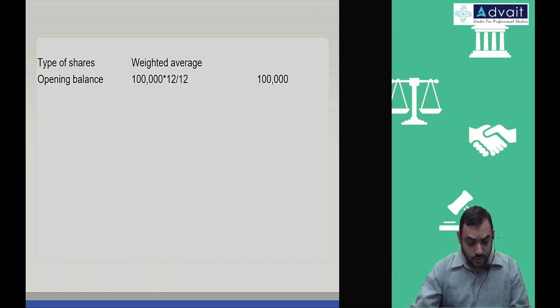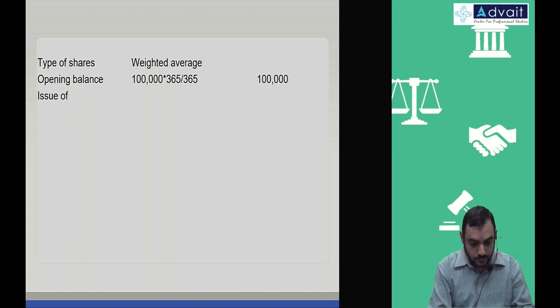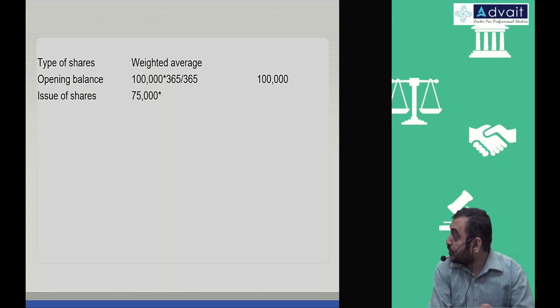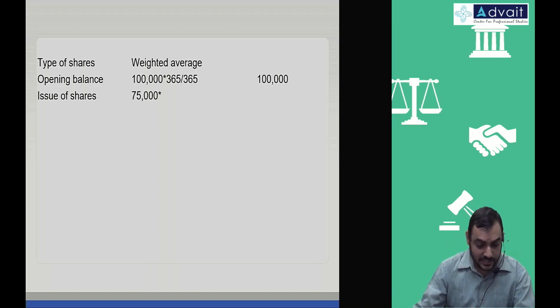Dates are also important, so let us do the number of days here. 365 by 365. Then the issue of shares. The number of shares is 75,000, multiplied by the number of days from 15th June.